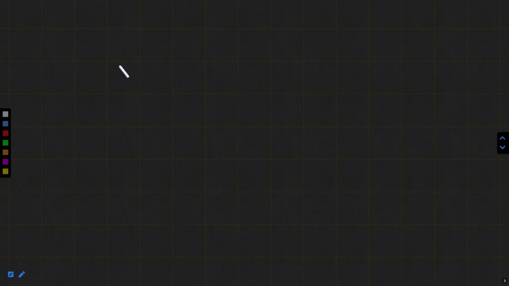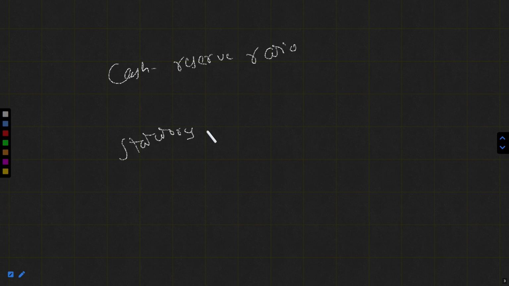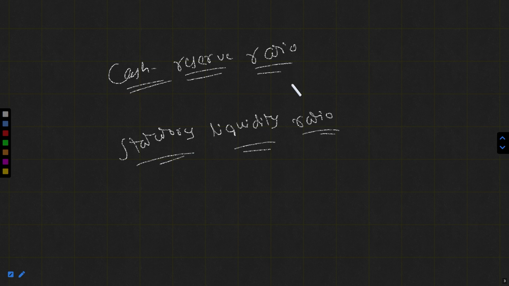Secondly, we discussed the cash reserve ratio and the statutory liquidity ratio. The cash reserve ratio we also call CRR, and the statutory liquidity ratio we call SLR.